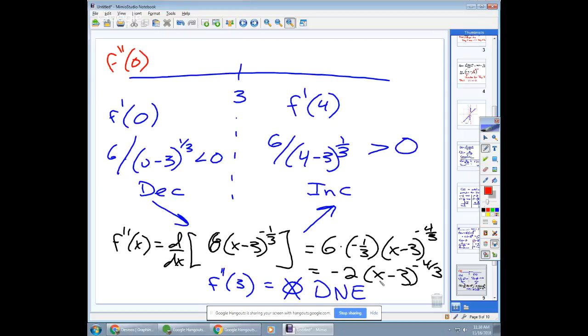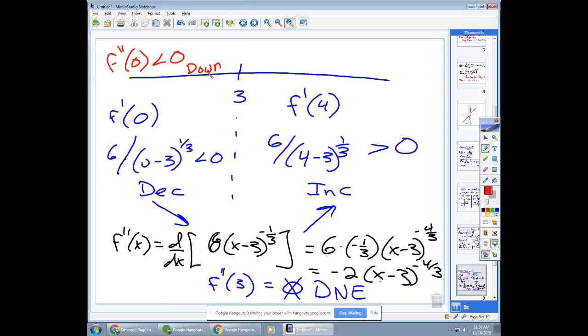It's a positive number. This is greater than 0. Oh, no. But then I'm multiplying by -2. So it's a negative number, less than 0. If we're less than 0, it is concave down.